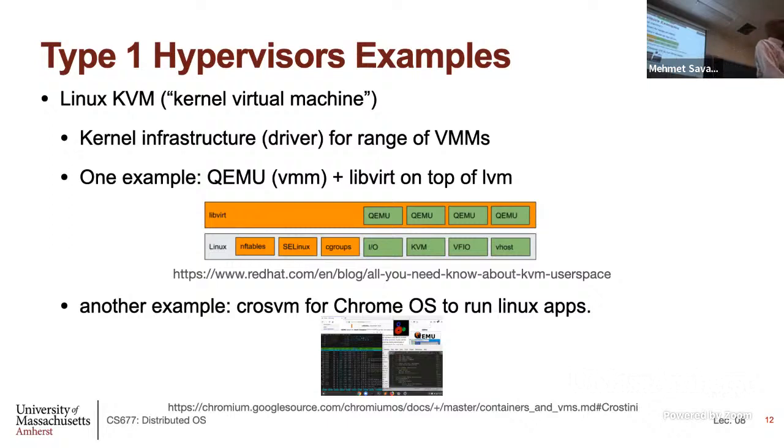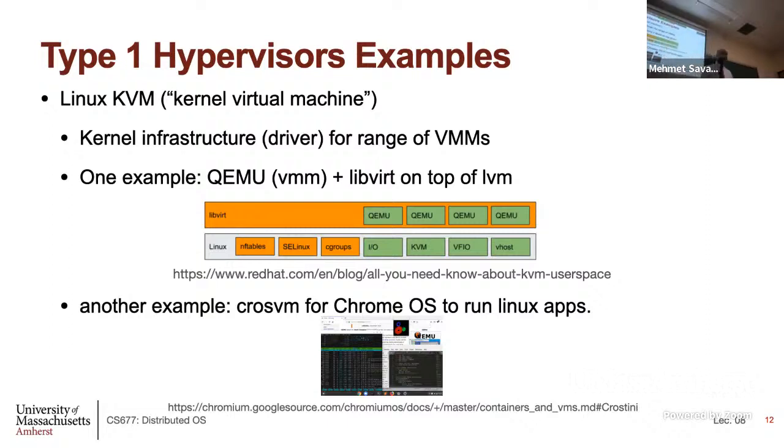Yes, question. Okay, so that's a good question. The question is, isn't this more like a type 2 hypervisor? It is somewhere between a real type 1 hypervisor and a type 2 hypervisor, because in a type 2 hypervisor, the OS itself does not provide any virtualization support. We'll talk about that on the next slide. All the virtualization is happening in application space.